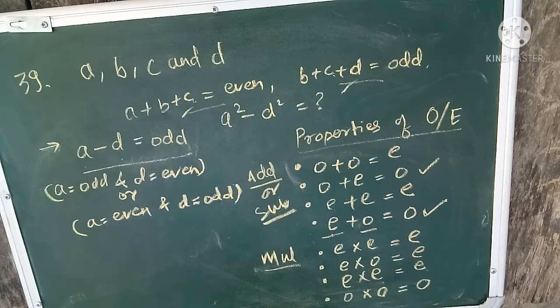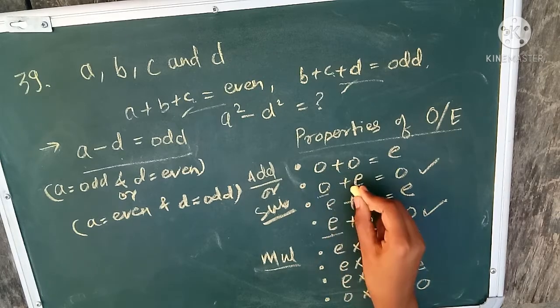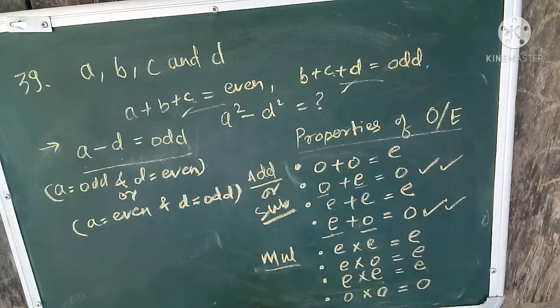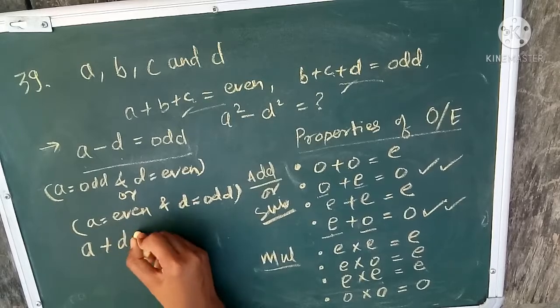From this we can see that the addition of odd and even is also odd. Thus a plus d is also odd.